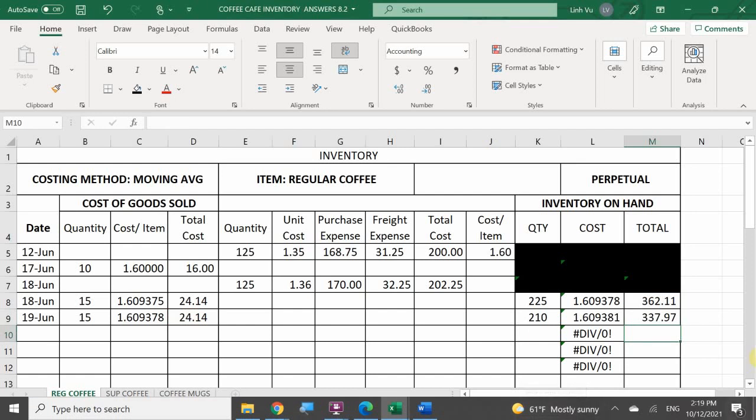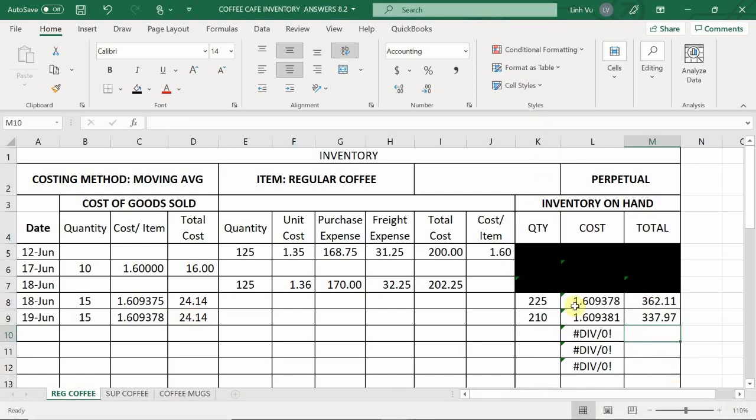Good. 210, so we have a, oops, I made a mistake. 337.97 for 210, so we have a 161. Okay, good. That price.